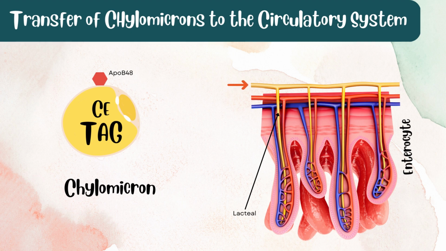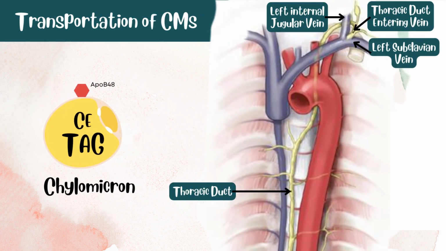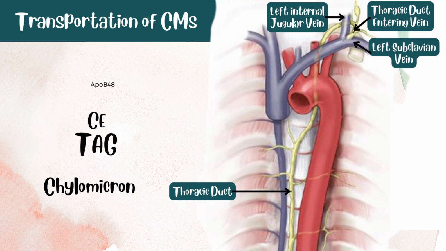Chylomicrons are secreted into the intestinal lymphatic system and then enter systemic circulation via the thoracic duct, thus bypassing portal circulation. By bypassing the liver, chylomicrons can be delivered directly to muscle and adipose tissue for metabolism.